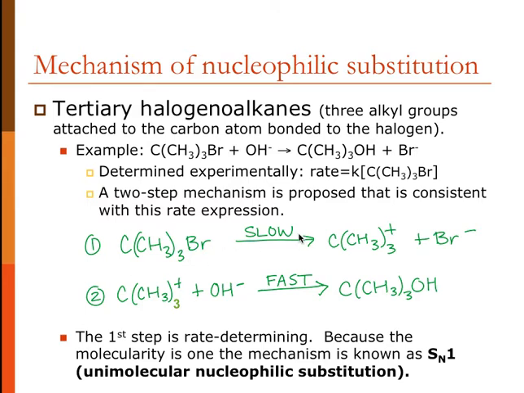It will form a carbocation and a bromide ion. Then that leaves a, I guess, kind of a space for your hydroxyl ion to then form a bond with this carbon. Okay, and this second reaction happens very fast.